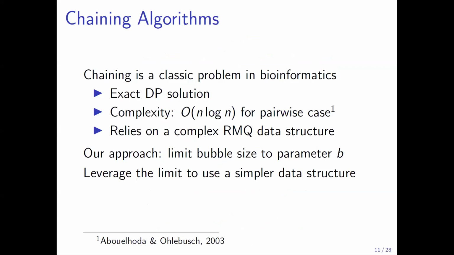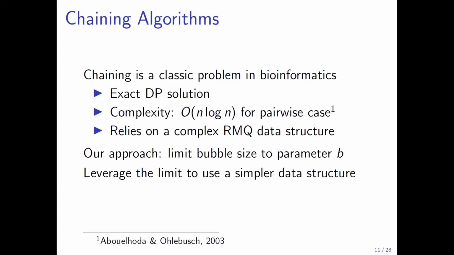And there is an exact dynamic programming solution for this problem, and it has a nice complexity of n log n for the pairwise case. However, it relies on a complex RMQ data structure that uses trees and priority queues to answer some queries required in the course of work of the algorithm.